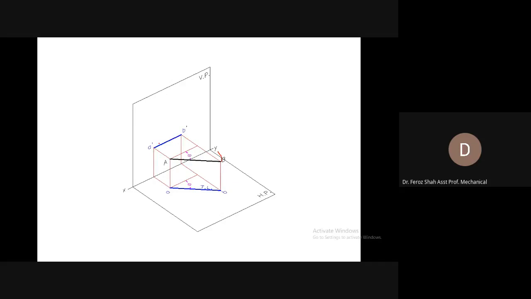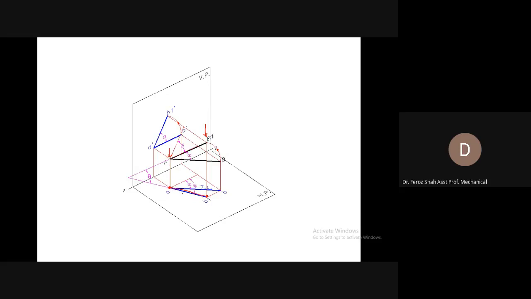And look at the front view. The front view was parallel to the XY reference line when the line was only inclined to the vertical plane and was parallel to the horizontal plane. Now, if you have made the line inclined to the horizontal plane as well, what happened to the top view?